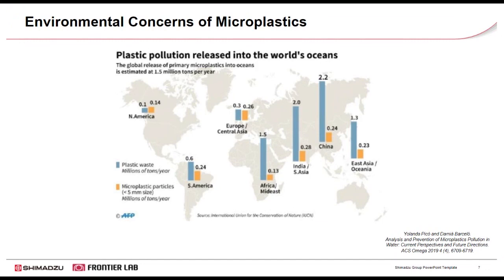Even though this 2019 study reports a fraction of that mass actually being microplastics, this number will surely grow as more and more plastics are degraded or broken down into microplastics. With the large amount of plastic waste continuing to grow and show signs of health concerns, not only to aquatic life, but now also to humans, the need for an analytical method to characterize and quantify those microplastics has never been more important.